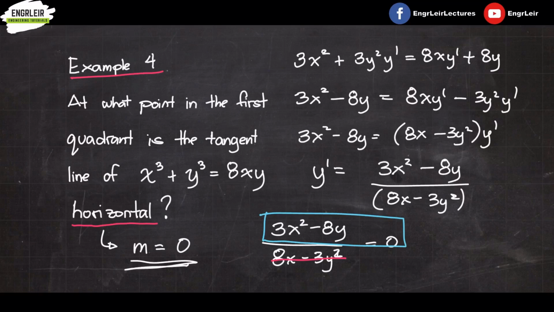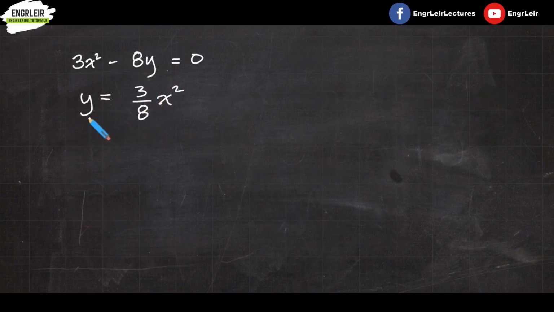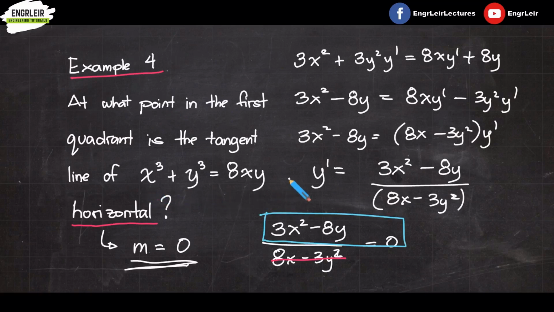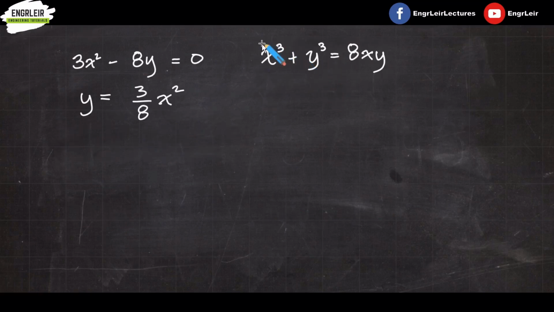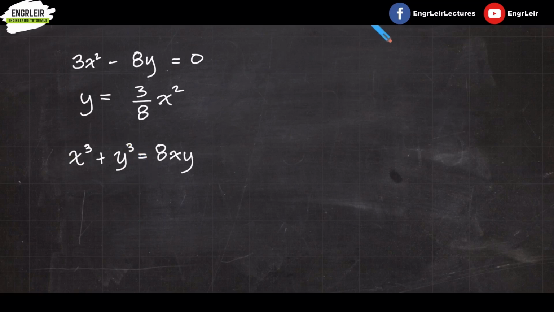Now, we know that this function y equals 3 over 8 x squared must satisfy our original function x cubed plus y cubed is equal to 8xy. It needs to still satisfy this function. Okay? So what we'll do, since it's a tangent line, is there is a point of intersection between them.